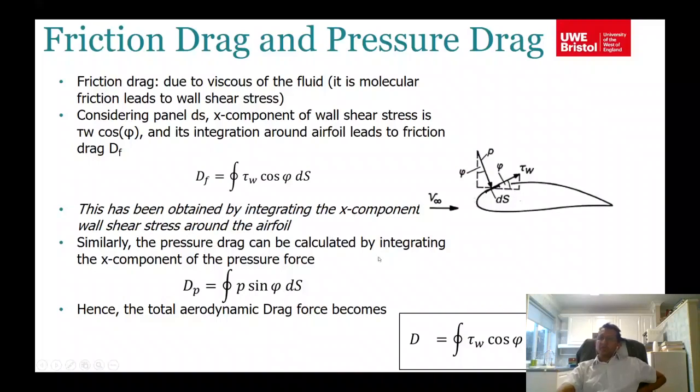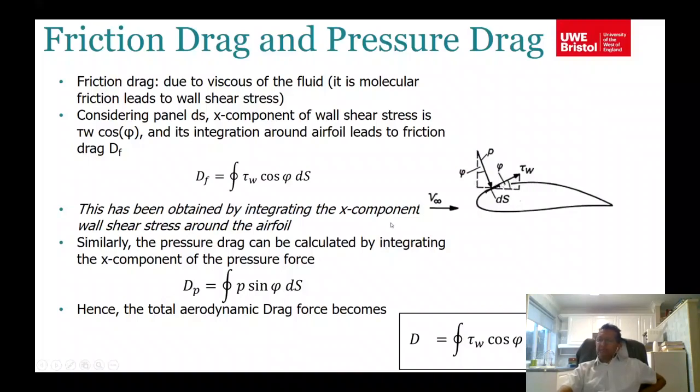If you consider a panel that has width ds, the frictional force is tau w cos psi times ds.